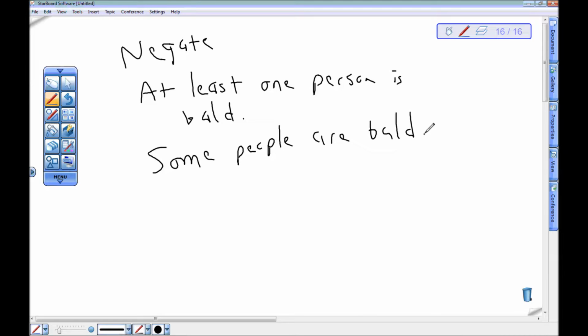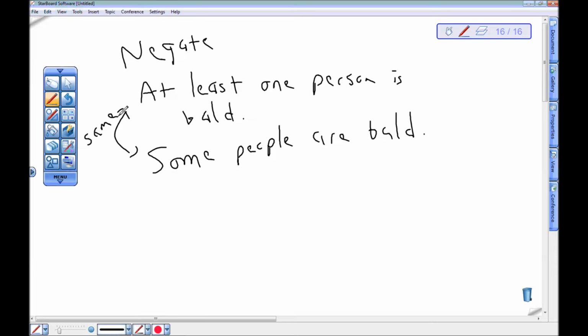At least one person is bald makes the same claim as some people are bald, because at least one is some. At least one could mean one, it could mean two, it could mean everybody. But it says at least one person is bald, and some people are bald makes the same claim.